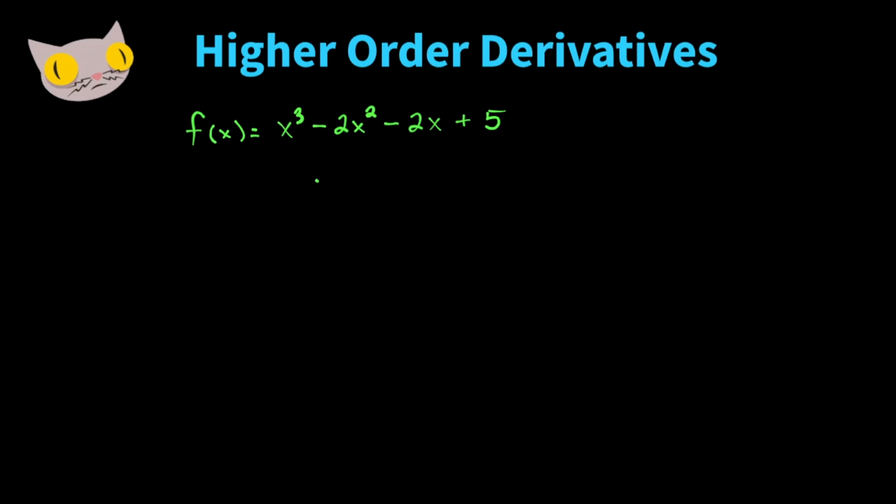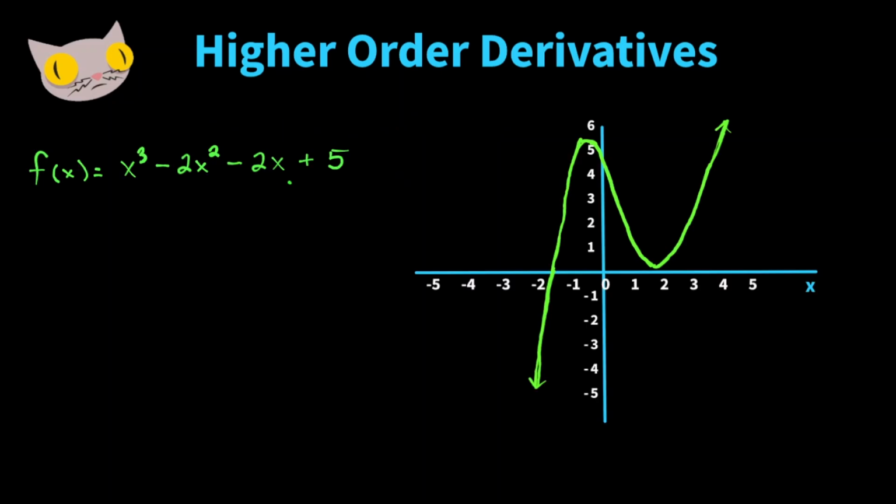Let's try this one. So let's say our equation to describe the position of a particle is f of x is equal to x cubed minus 2x squared minus 2x plus 5. That'll look like this on a graph, with x being in seconds. So if we take the derivative of this equation, that's going to give us our velocity.